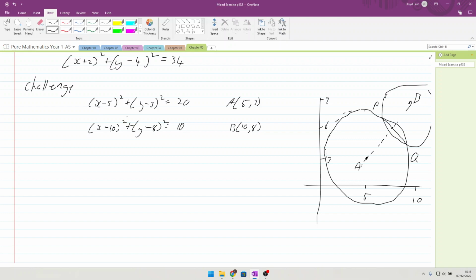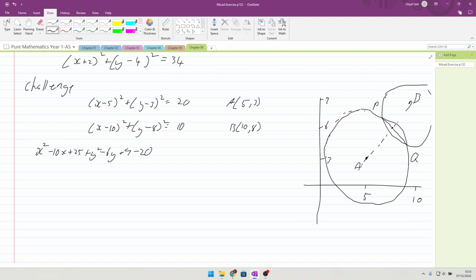I'm going to take this and multiply it out, and I'm going to get x squared minus 10x plus 25 plus y squared minus 6y plus 9. Then I'm going to do minus 20, and that will equal 0.